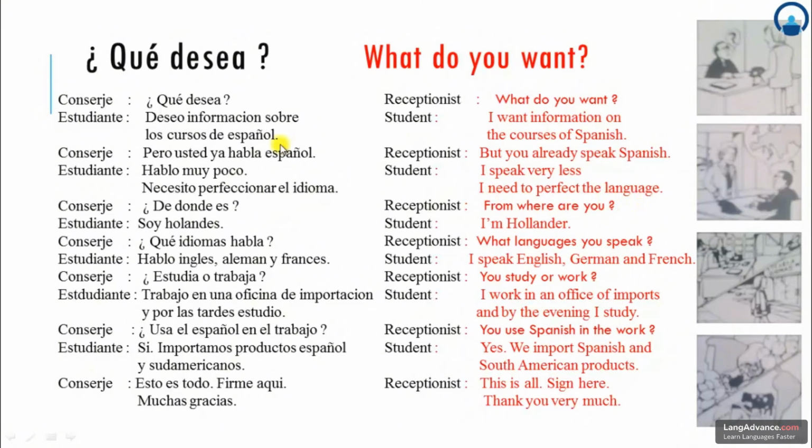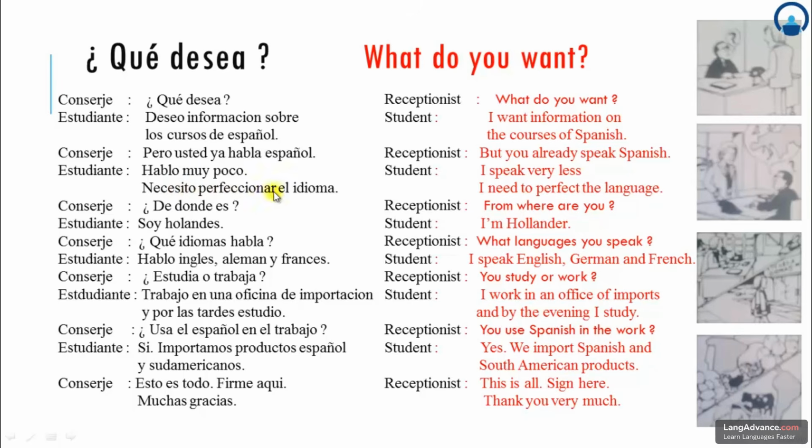Now while this conversation is in front of the screen, try to understand the AR verbs and their conjugations. Up till now we have seen deseo. That's the AR verb called desear, that means to want. Also we have seen another verb, hablo. So these are the conjugations of the verb hablar, that means to speak. In this sentence we have two AR verbs. That is necesitar, which is conjugated, and perfeccionar, that is not conjugated.